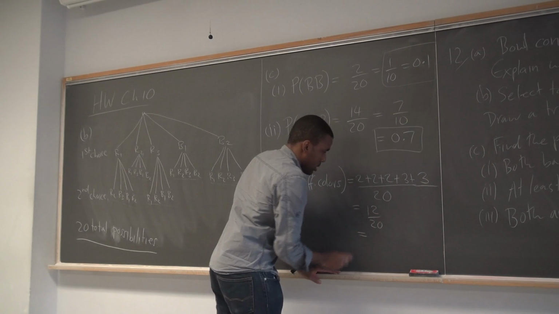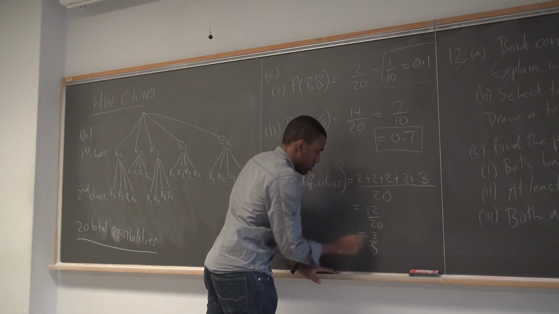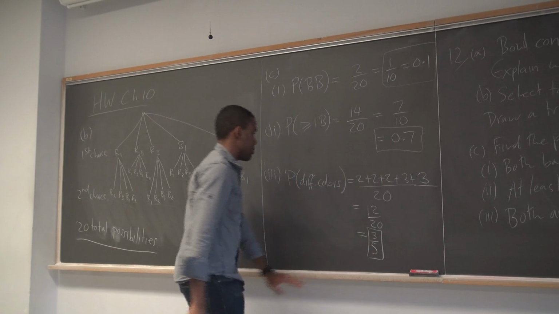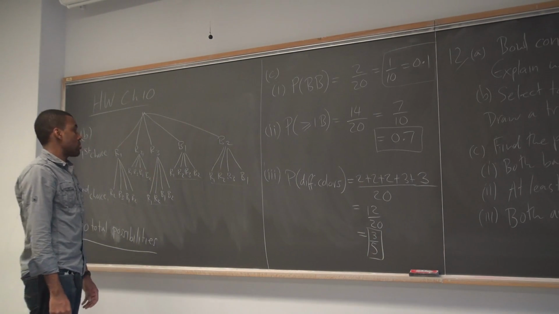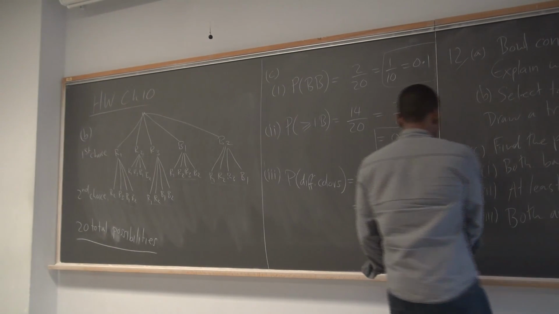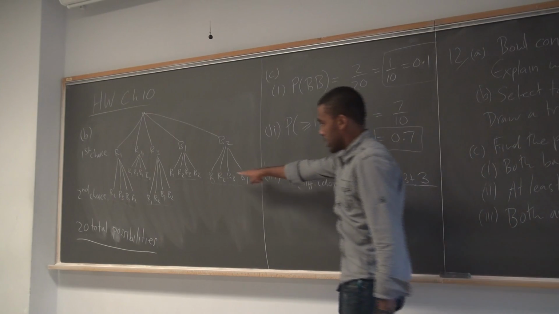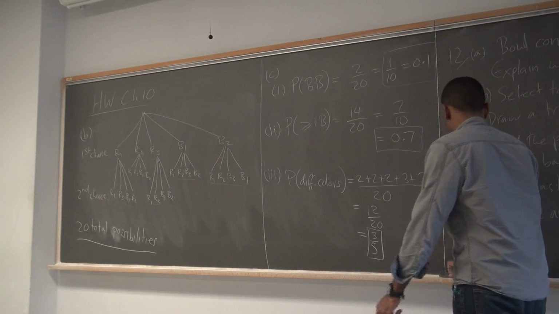You can divide by 4 in each, 3 over 5. So once you figure out how to draw this diagram, now it's a matter of counting how many arms give you what you want.